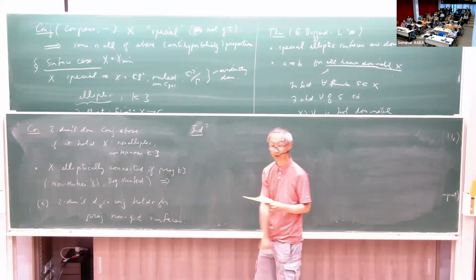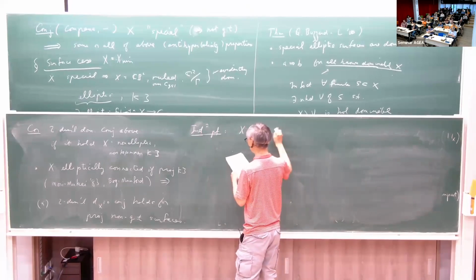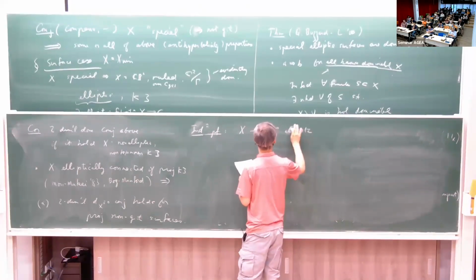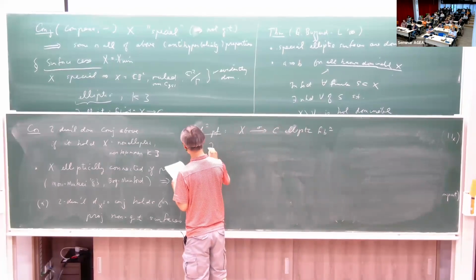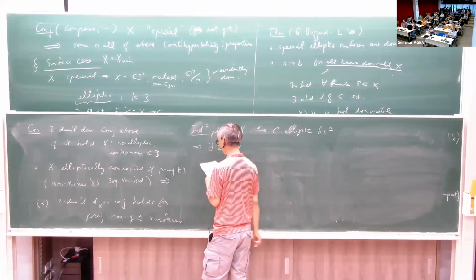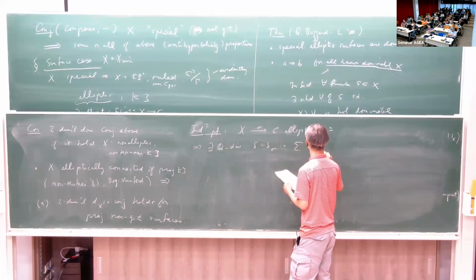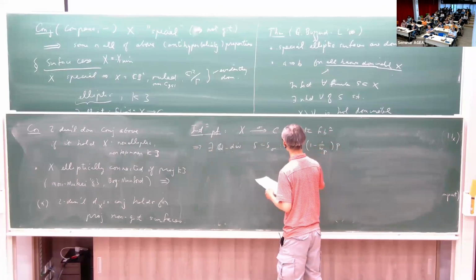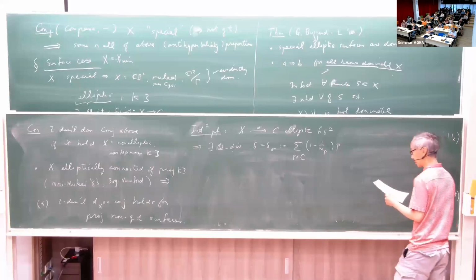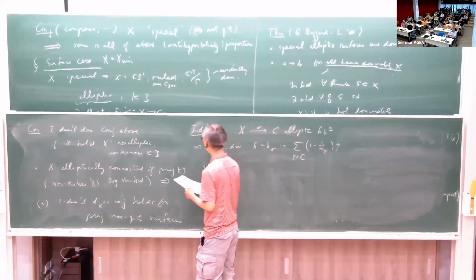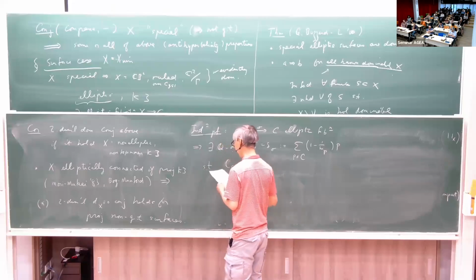So for the elliptic ones, let me give you an indication of the proof. If you take an elliptic fibration, as we all know, there exists a Q-divisor, an orbifold divisor, delta, equal to the sum over P belonging to C of (1 minus 1 over m_P) times P. So there's a Q-divisor on C such that the pair is an orbifold pair, delta, let's call it, which is a special orbifold.